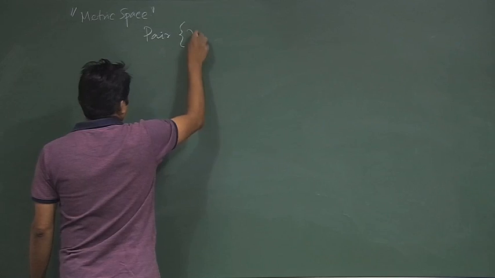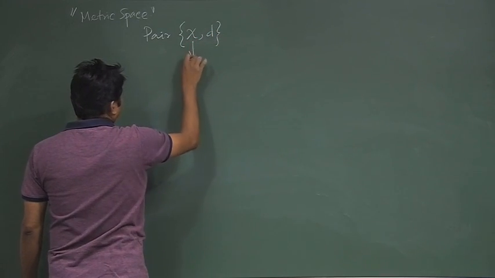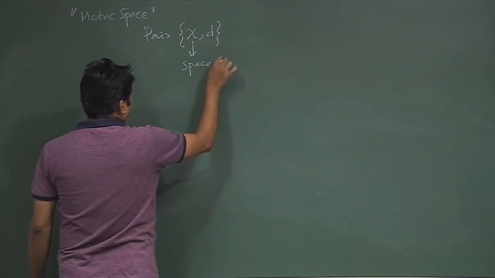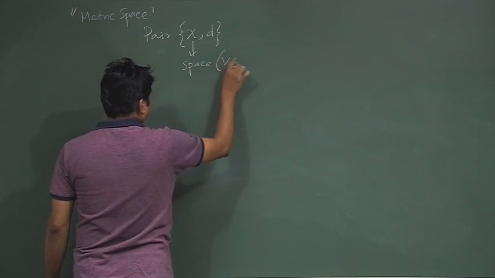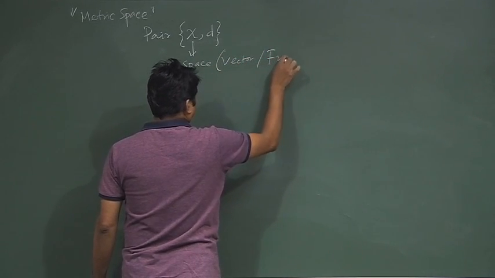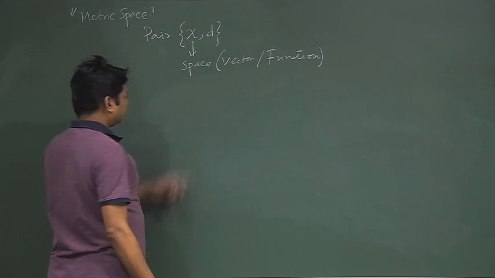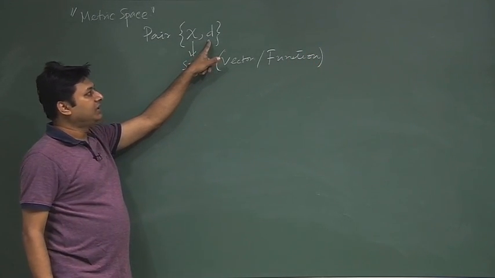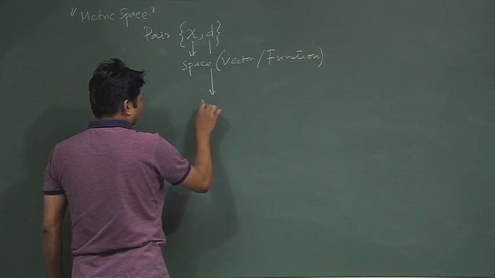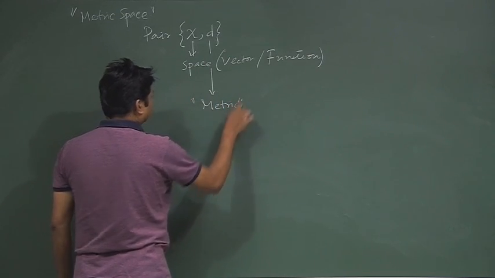It is a pair, say chi and d, where chi is the space. It may be a vector space or a function space, and d is something called a metric.